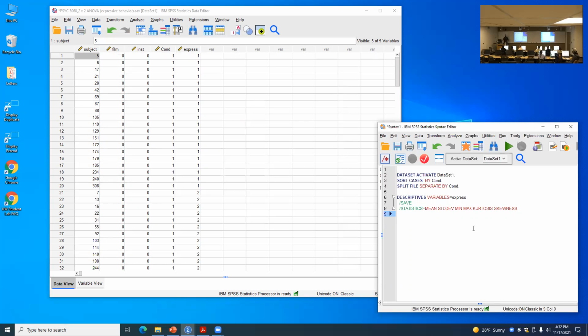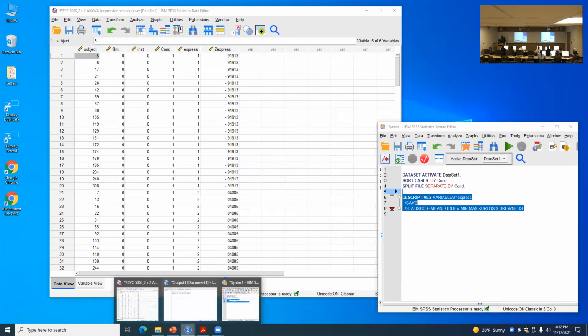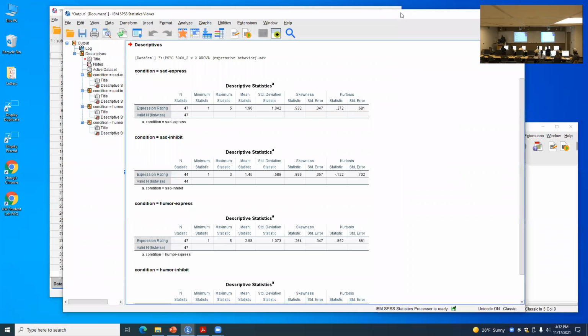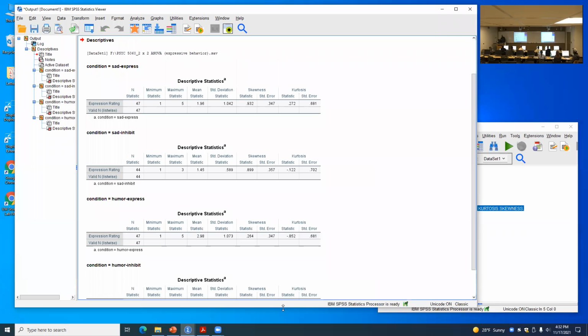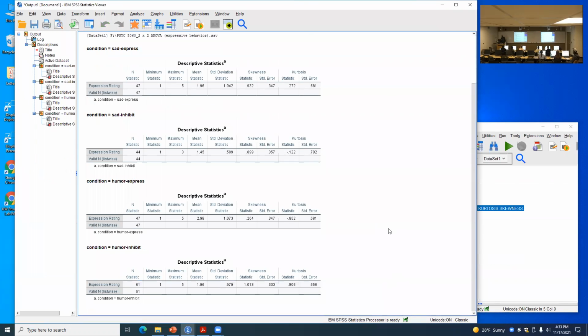If you know the procedure, you just copy over syntax files, put in the right variables. But if we go through and we run our output here, what we're going to get is descriptive statistics for all four of our groups. Okay.